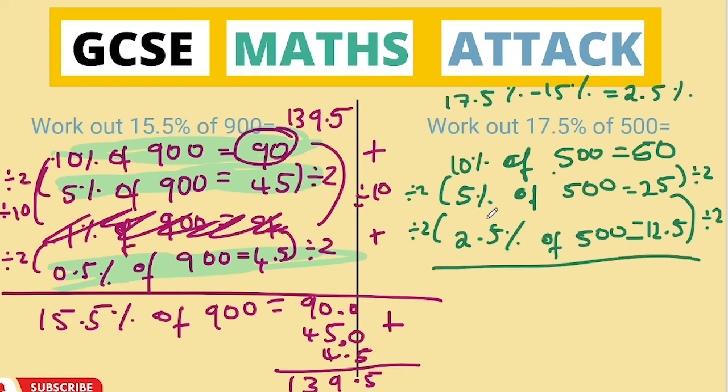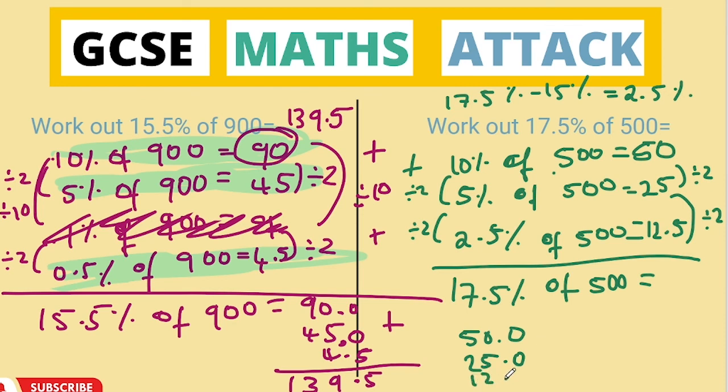So all I have to do is add them up. 10 plus 5 plus 2.5, that's 17.5% of 500. You got 50 plus 25 plus 12.5. So let's do this here. You got 50, there's an invisible decimal place. I'm just going to plug that in. 25.0, 12.5.